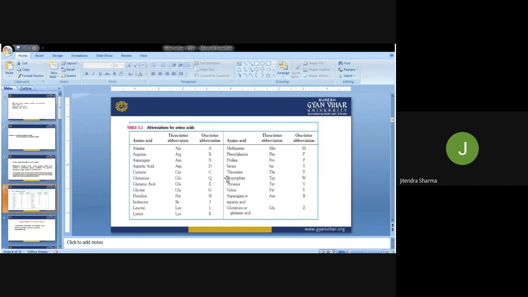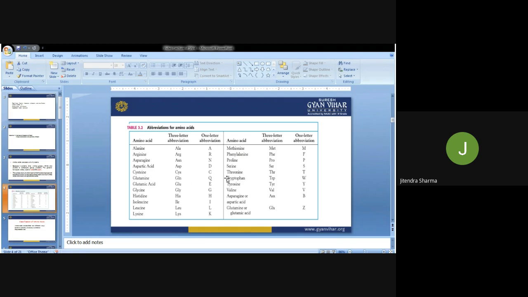Here we'll see the abbreviations of amino acids: alanine, one-letter abbreviation A; arginine R; asparagine ASN; aspartic acid D; cysteine C; glutamine GLN, Q. Through these one letters we are giving the name through abbreviation.